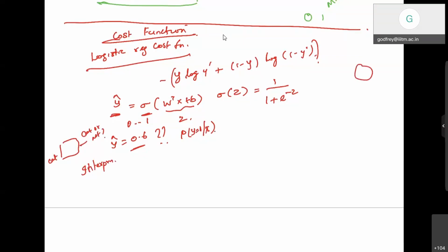You have a model, you give some input, you get some output. This output is y cap or y dash. The output of this model is interpreted as the probability of y being a cat given x, that is, y equal to 1 given x.